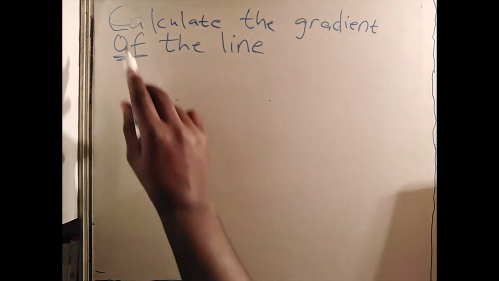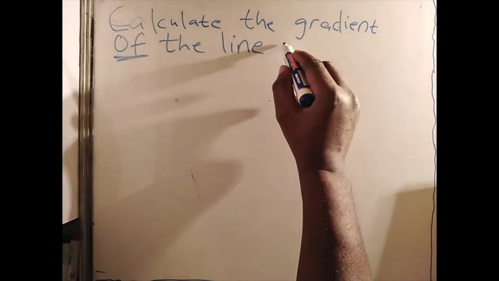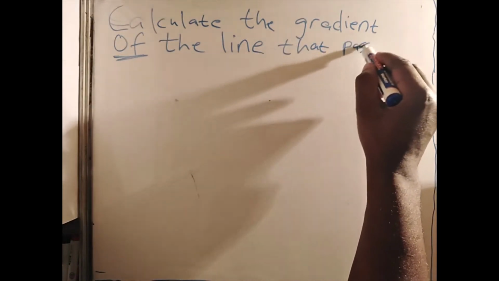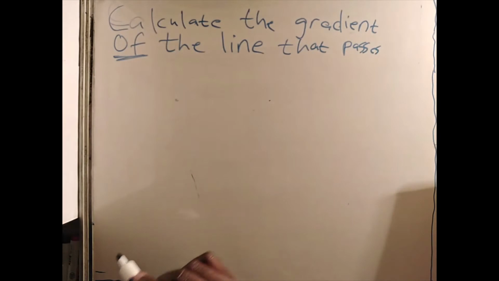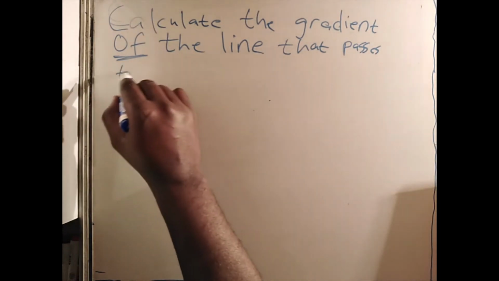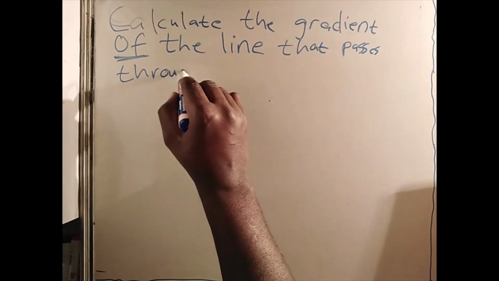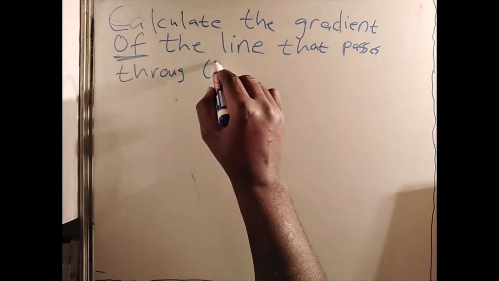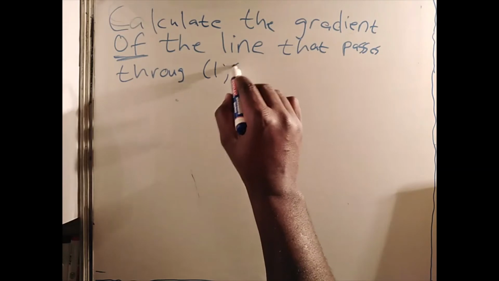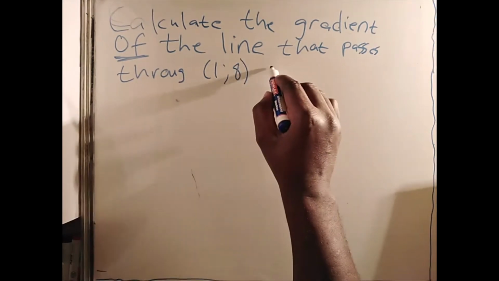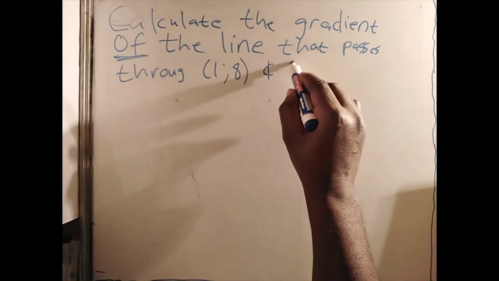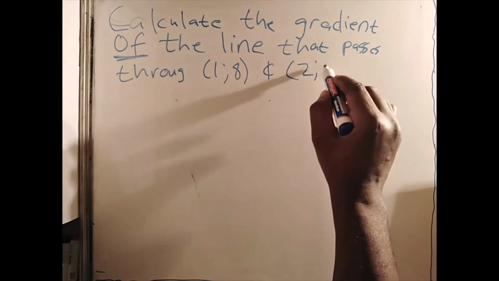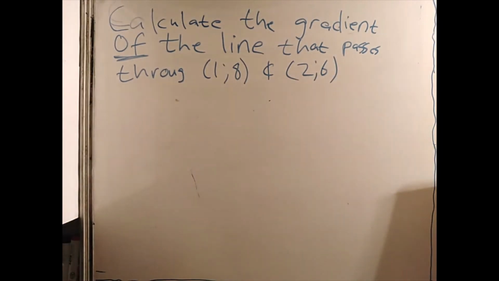So you are supposed to calculate the gradient of the line that passes through, let's say, the points (1, 8) and (2, 6).